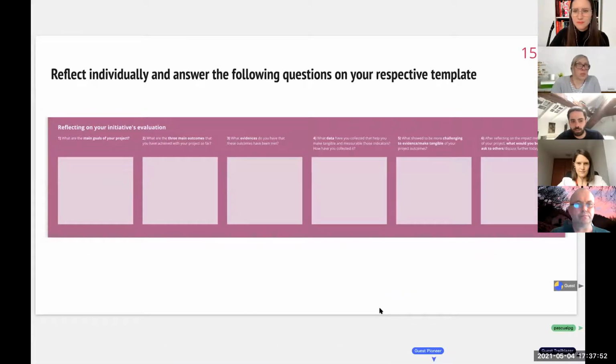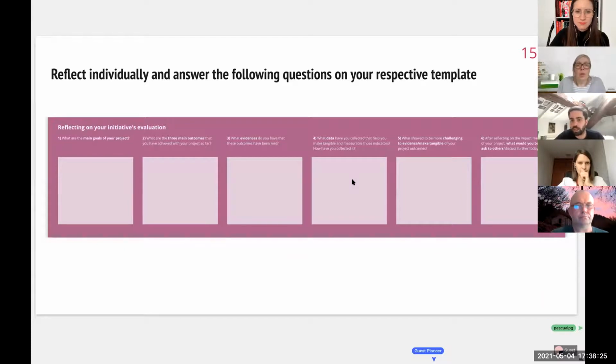So the questions go from asking what was the main goal of your project, and then 3 main outcomes that you feel you have achieved, to then pass on to the evidence that you have of these outcomes and the data that you have collected that can help you measure those indicators, and make them tangible. Finally, we would like you to think about what's been more challenging to evidence and make tangible in your evaluation so far, or what you expect to be more challenging.